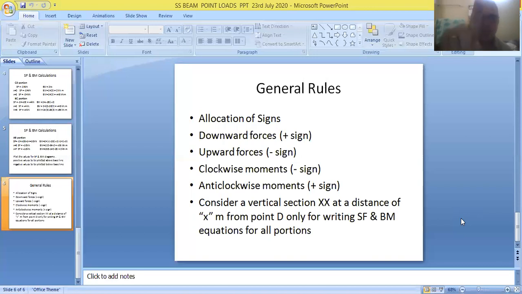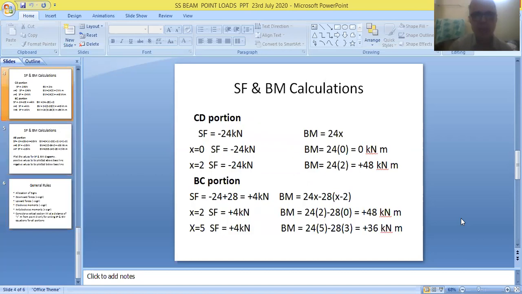And considering a section XX at a distance of X meter from point D for writing all the general equations for all the portions. For all the portions, we are taking a section at a distance of X meter from point D only. So then only we can frame the equations and get the results.